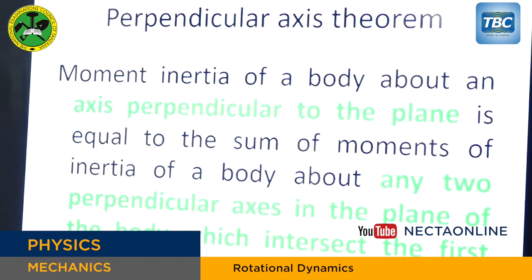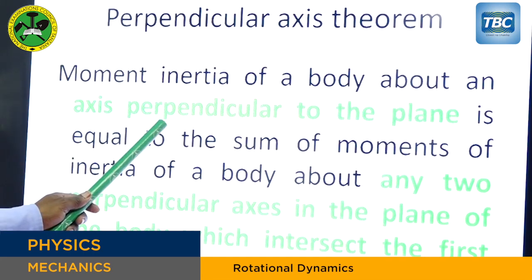Now, the theorem says the moment of inertia of a body about an axis perpendicular to the plane. You can see that word, perpendicular to the plane. That axis should be perpendicular to the plane.